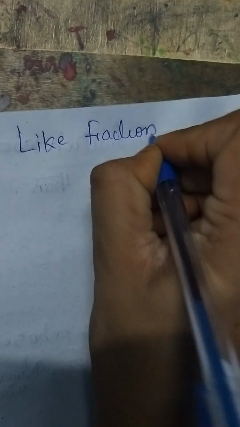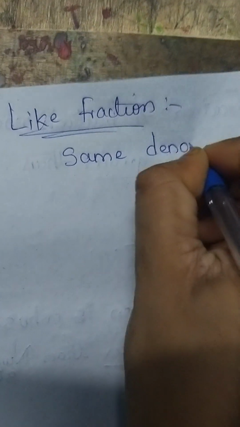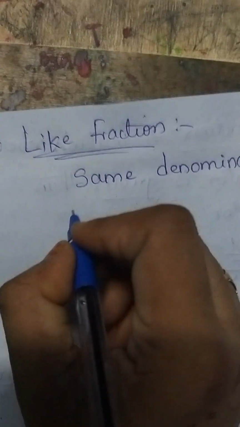What is a like fraction? And another simple, three types of fractions, children. Like fractions. What is a like fraction, children? It is nothing but fractions having the same denominators. A fraction whose denominators are the same.